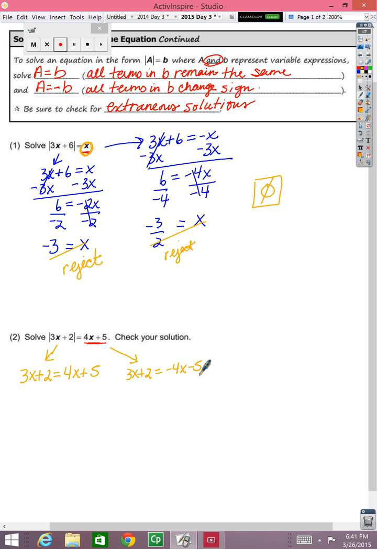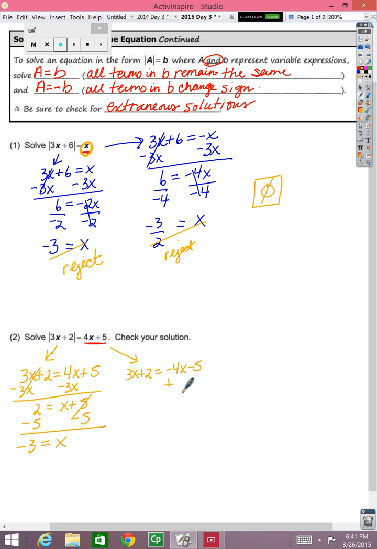So to solve both, this one by subtracting 3x first. Subtract 5. And this one I get x equal to negative 3.